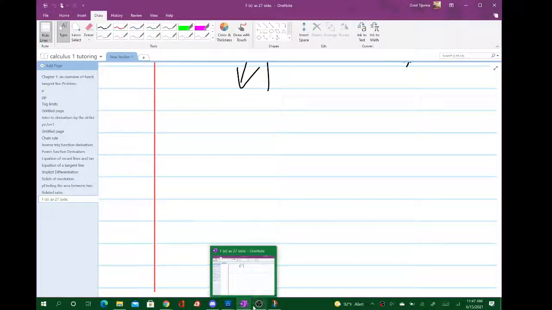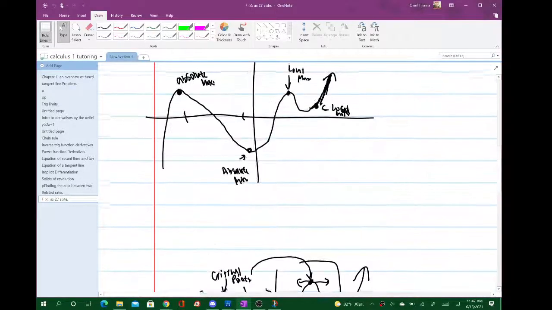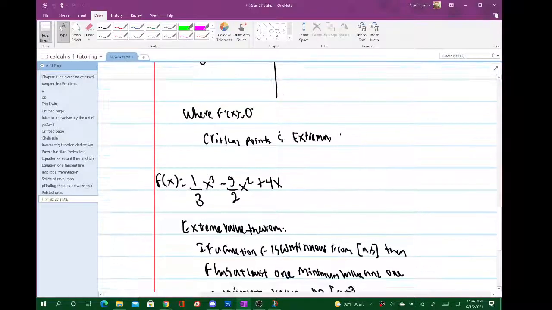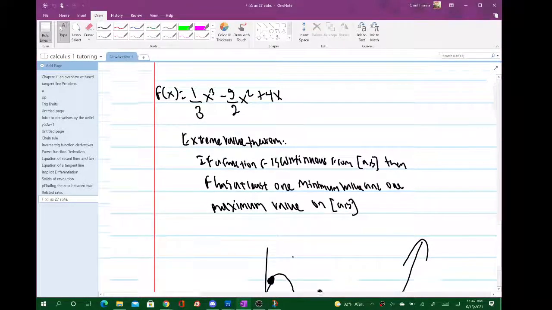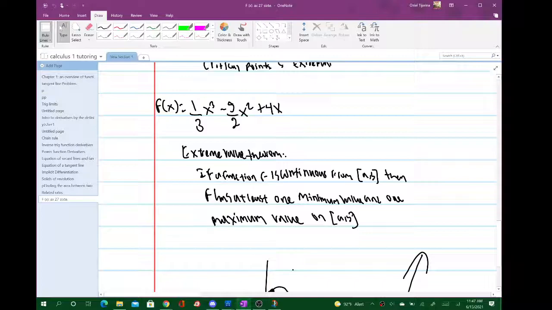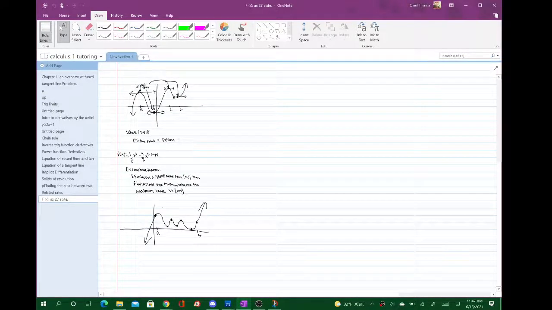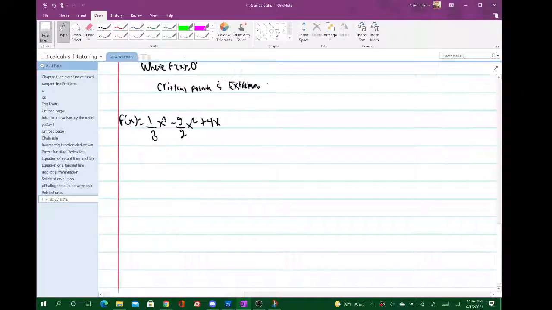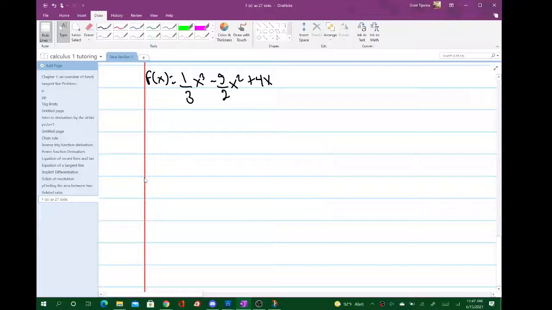Now looking at this function here, what you have to do to find the critical points and the extrema is first find f prime of x.